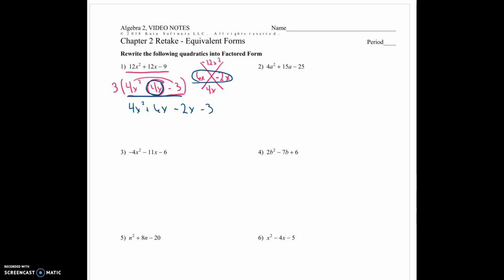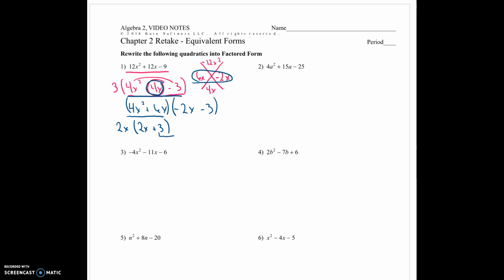Now with the 4 terms, I group them, the first 2 and the last 2. I start with a GCF in my first set of parentheses. In this, I can factor out a 2 and an x, and I'm left with a 2x and a 3.